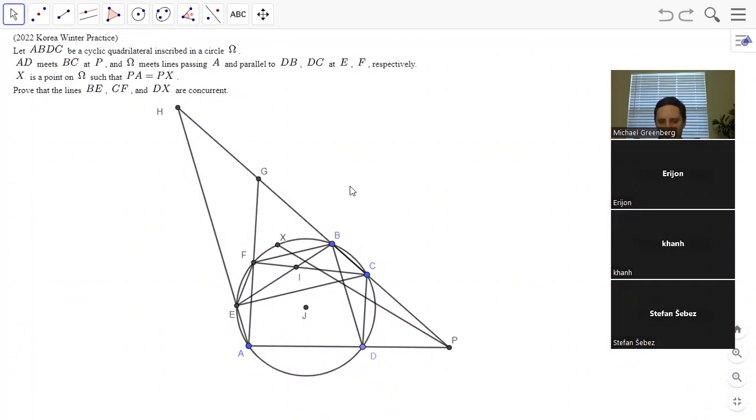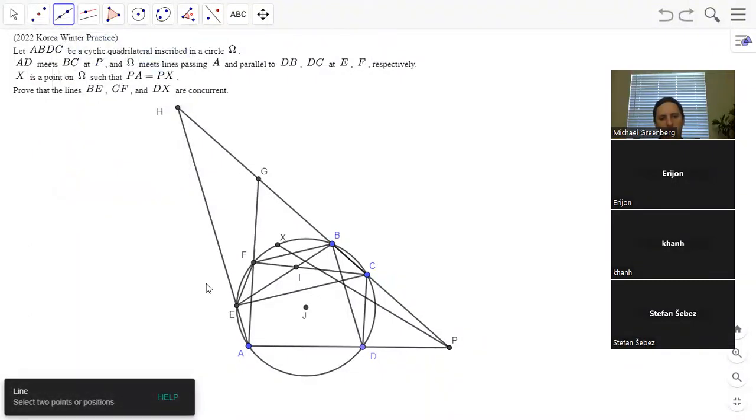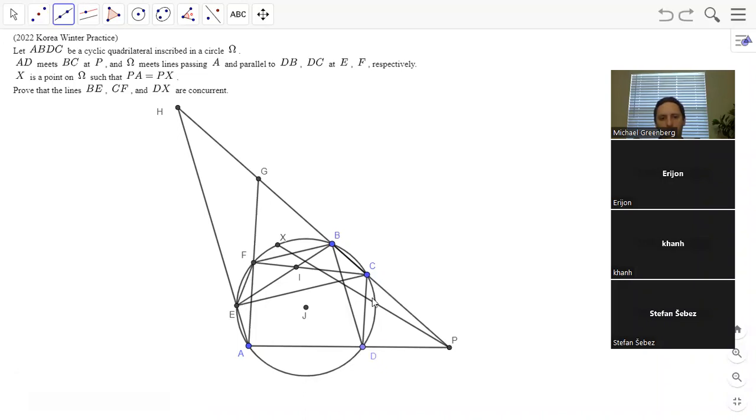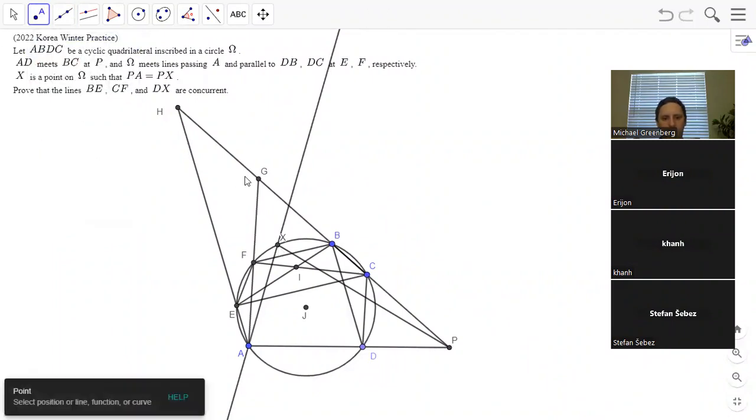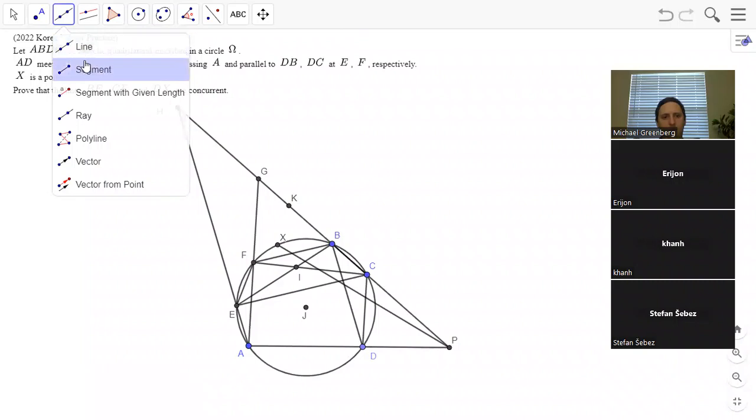And then we need to prove that there is an involution on that line which would swap all of these pairs. Okay, so EF, BC, and DX. That's what we want to show, right? So E and F we have, B and C, and so it's really just E and B are pairs, C and F, and similarly D and X.